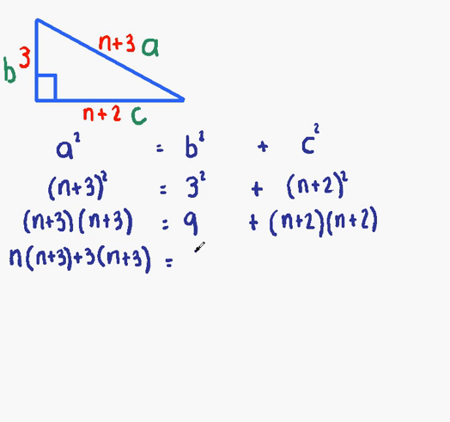We still have our 9 at the start on the right hand side, and then we have another 2 brackets multiplying. So first thing in here is n, so we have n times bracket 2, and then we have 2 times bracket 2.